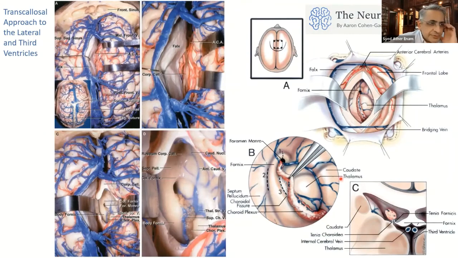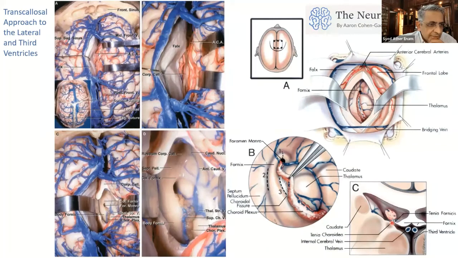Now the approach to the third ventricle: if you want to go through the foramen of Monro, if it's big enough, that's good. Otherwise, you can go through the taenia choroidea and basically go medial to it, and the connection between the choroid plexus and the taenia choroidea, this is called the taenia fornicis, which is on the medial side.